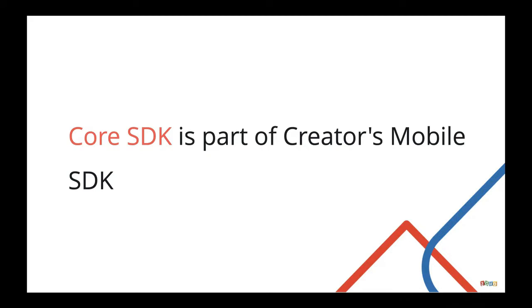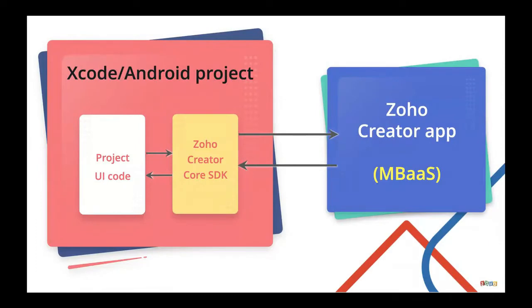When you go back and talk about multi-tier architecture, you will be able to understand what these three ways mean. So core SDK's job is to help you communicate between the two, the front end as a mobile platform and back end as your creator, and UI SDK is the one that helps you to embed the components as you want it your way. So this is what is pictographically shown.